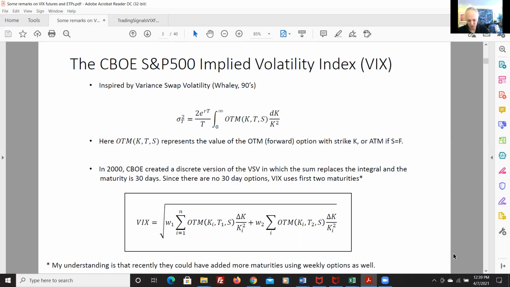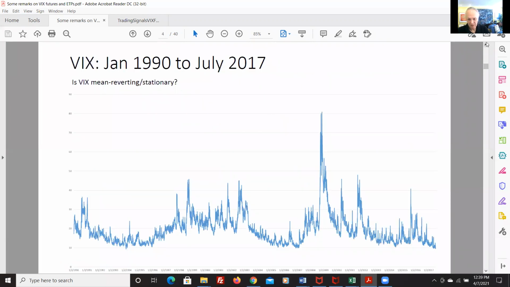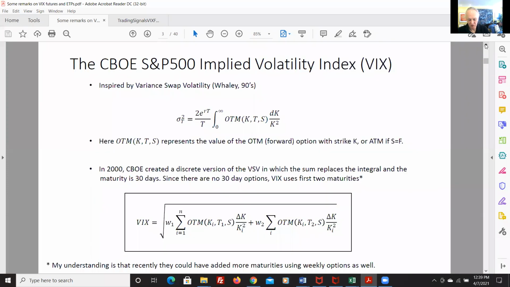This is what this notation is. And this was done by Whaley, and then it became an index which is owned by CBOE, and it's called a fear gauge because it goes up when implied volatility goes up, and everything here is about the S&P 500 index, and these options are options on S&P 500 futures.